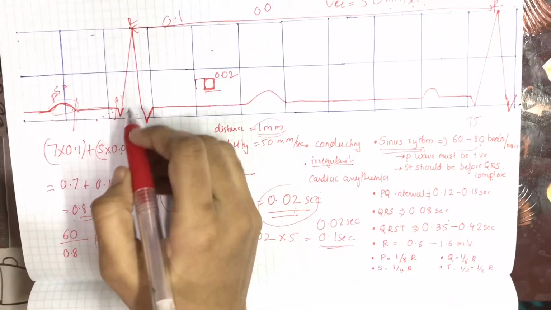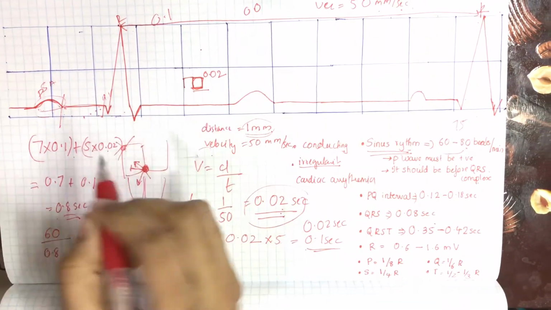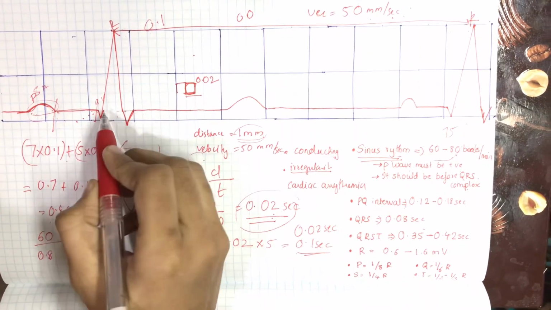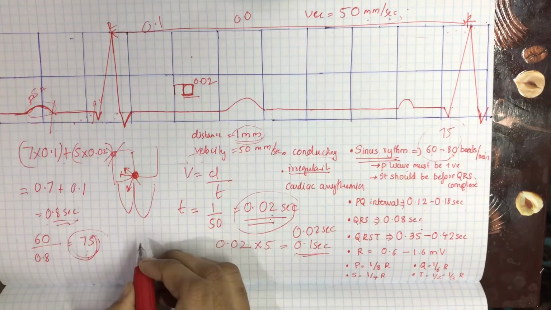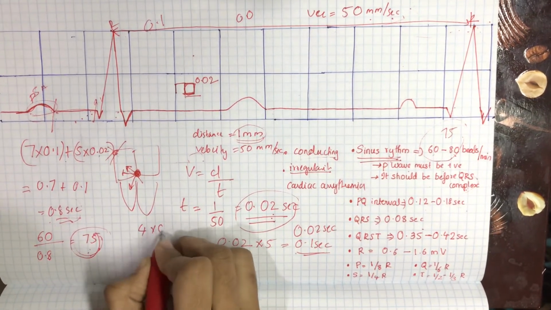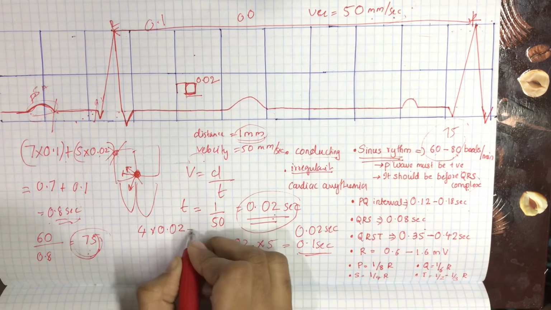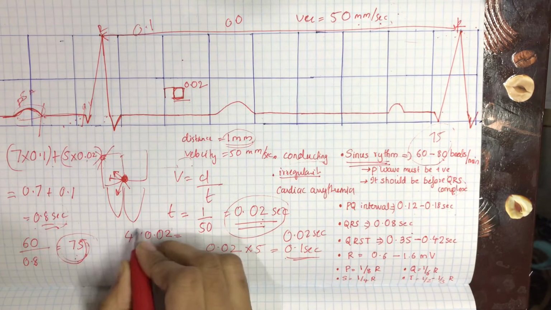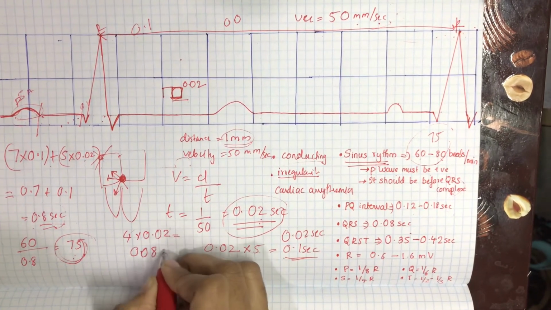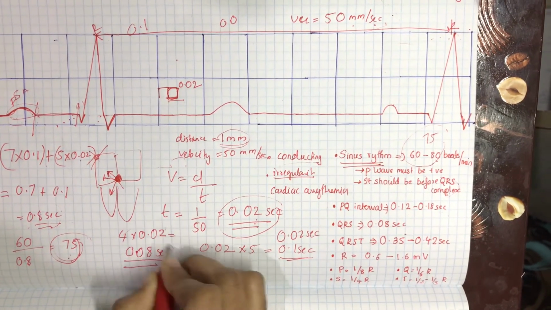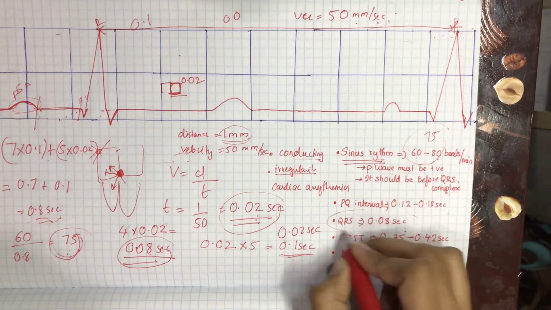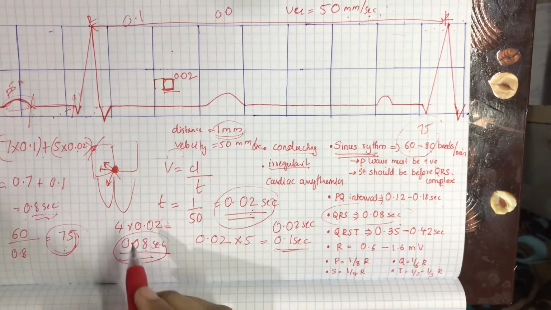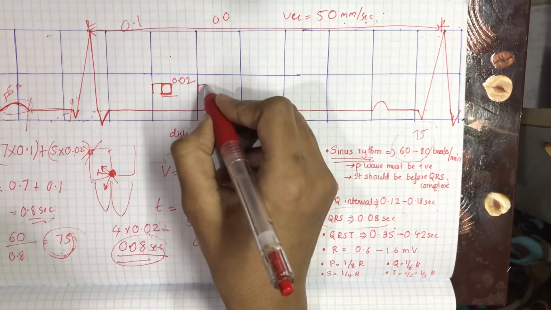Let's count the boxes in the QRS: 1, 2, 3, 4. 4 small boxes means 4 into 0.02 seconds, so 0.08 second. So this is normal. We have the normal QRS complex. Why did we take 0.02? Because it is the time of the smallest box.